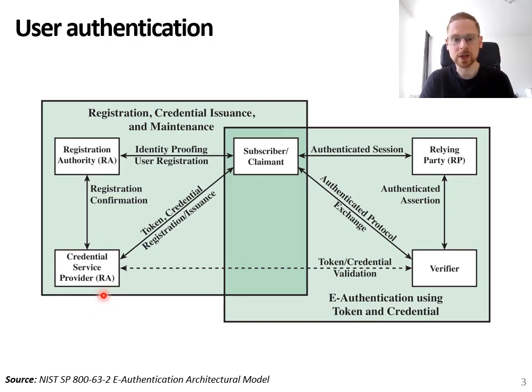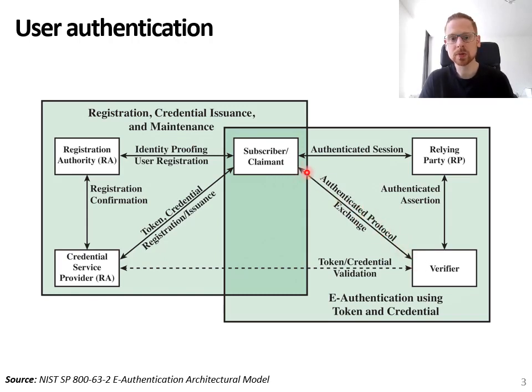Based on the proof of identity, the credential service provider will then provide the subscriber with some credentials or a token. This could, for example, be a password or an encryption key. The subscriber can then use this information to gain authenticated access to some system or network.